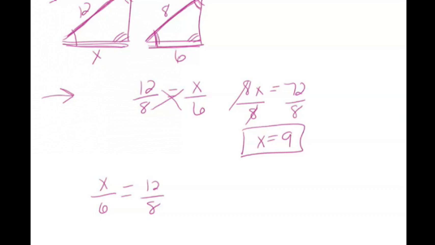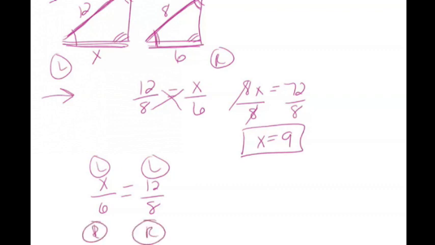And also recognize that if I call this my left triangle and this my right triangle, my left triangle is on top and my right triangle is on the bottom. So you not only have to pay attention to their corresponding sides, but make sure that you write them correctly in the proportion. If you write the left triangle on top first, then you have to do that on the second proportion. And similarly, if you happen to write the right on top, then you would need to make sure that the right is also on top on the second.